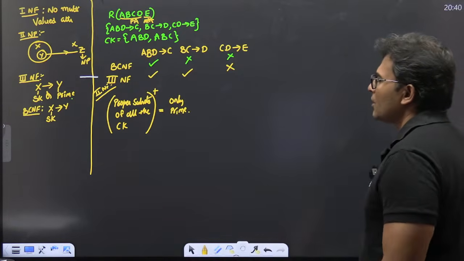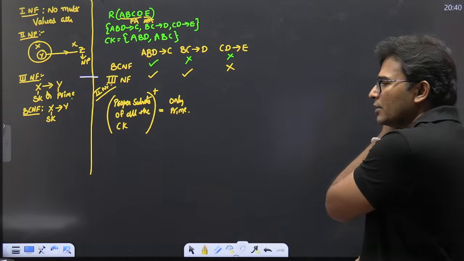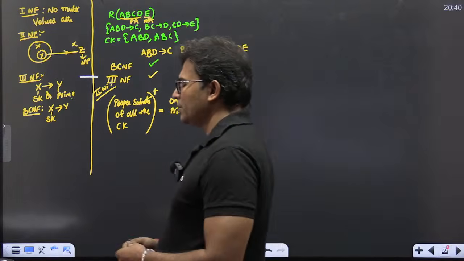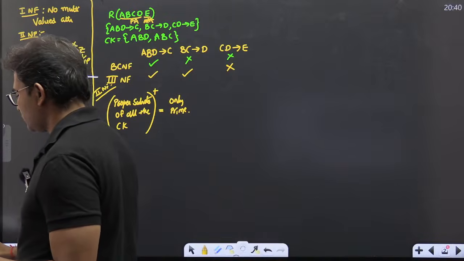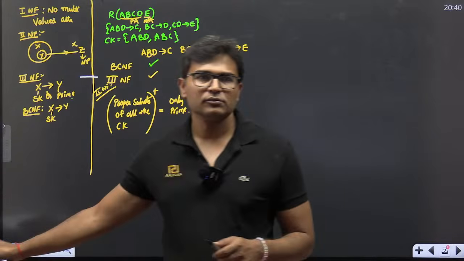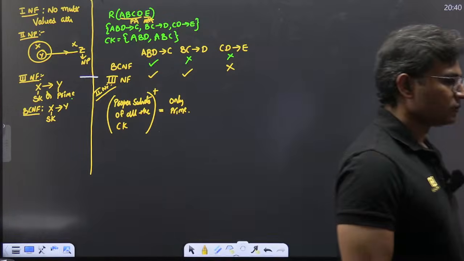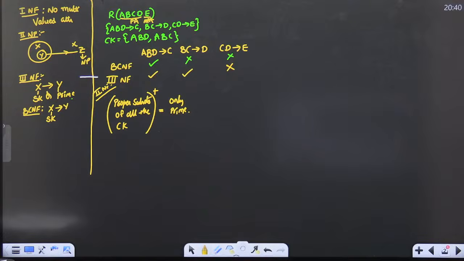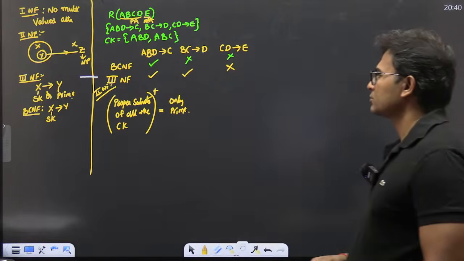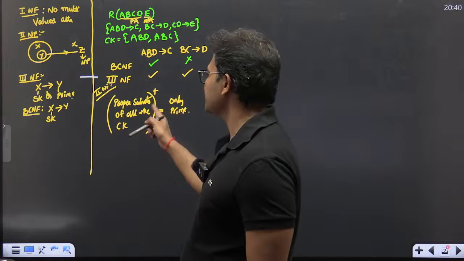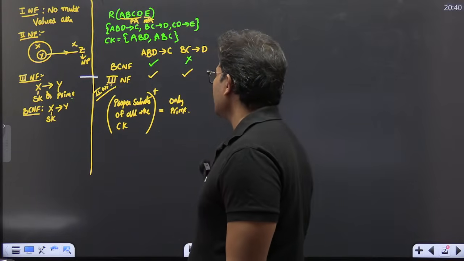Now we have to take proper subsets of all the candidate keys, and only prime.